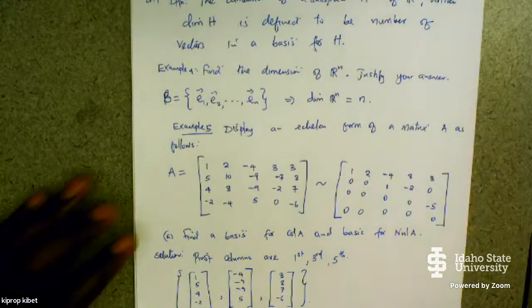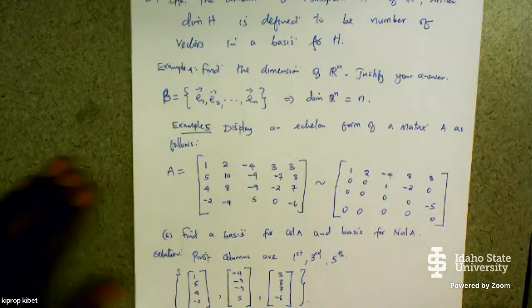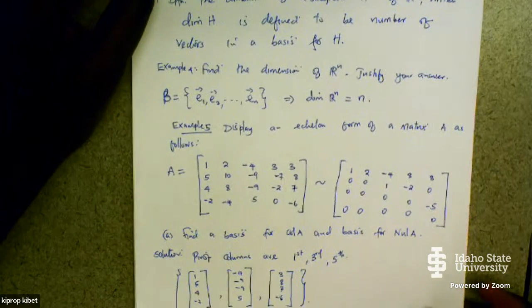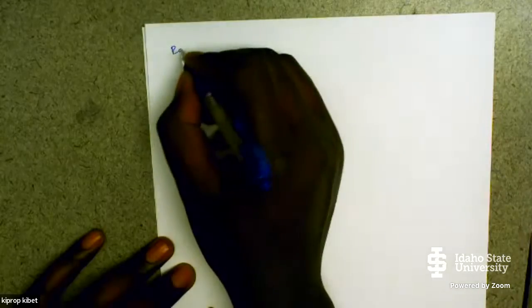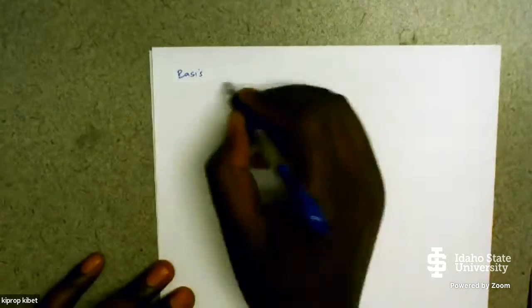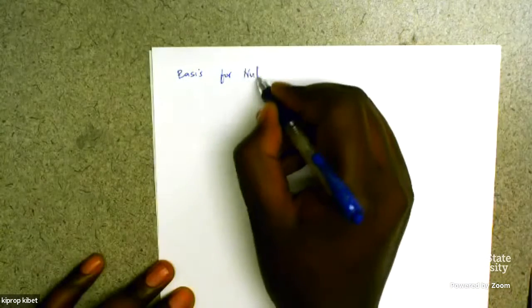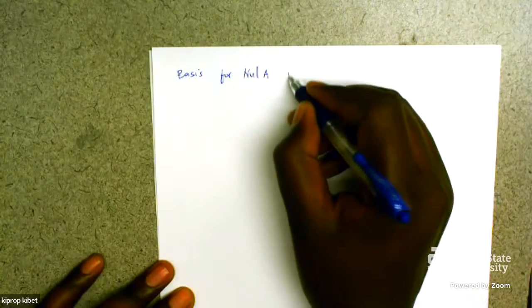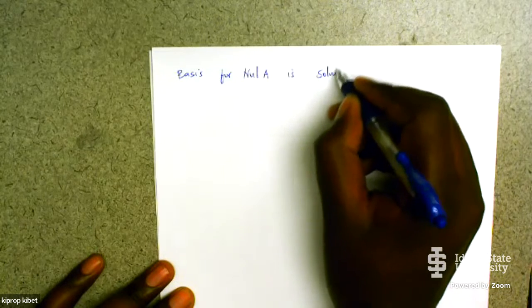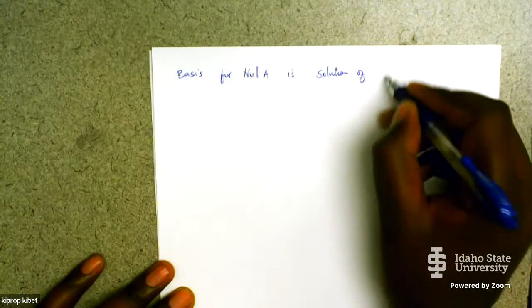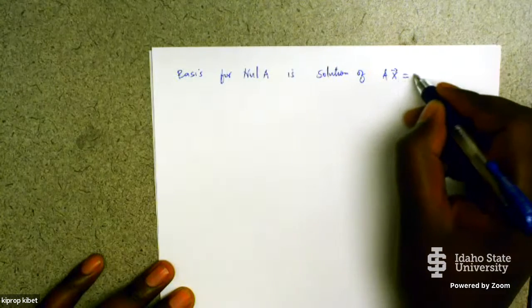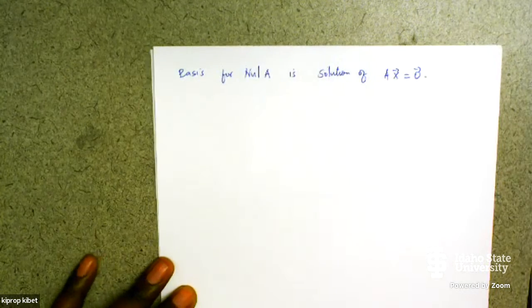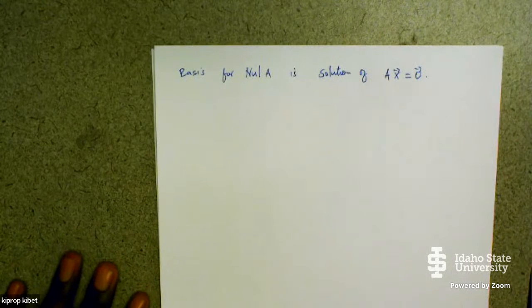Okay, what about the basis for the null space? In this case, we need to solve to get a basis for the null space. The basis for the null space of A is the solution of AX equals 0.